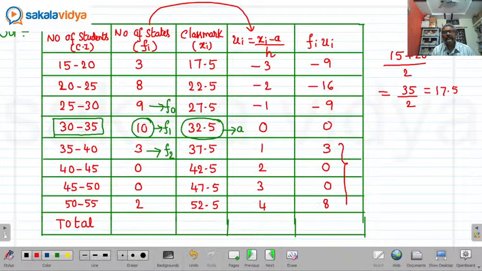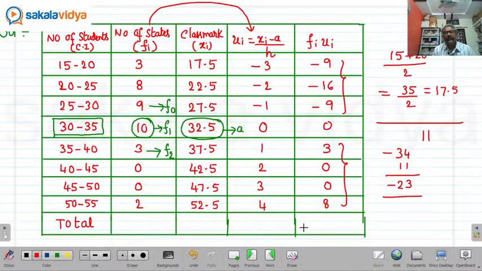First add these positive terms, next add negative terms. Negative 34 plus 11 gives negative 23. This is sigma Fi Ui equals negative 23.